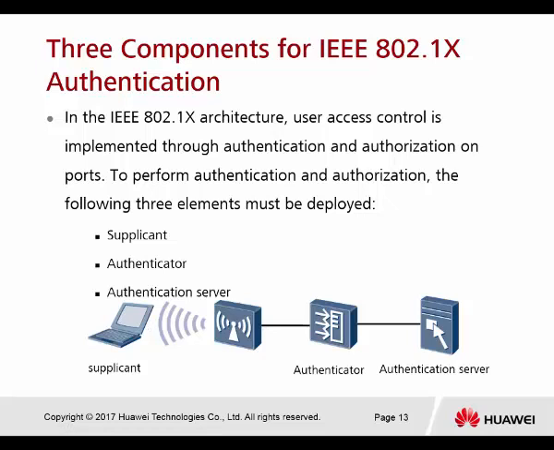Those pieces of information are first delivered to the authenticator. Once the authenticator collects all this information, it will redirect it to the server. The server will make the decision on how to perform the authentication. They are going to check, because the user access list and the certificates are all stored inside the server.